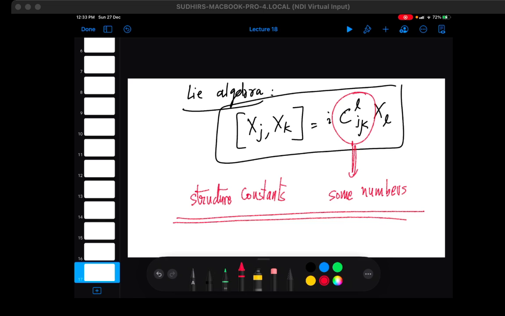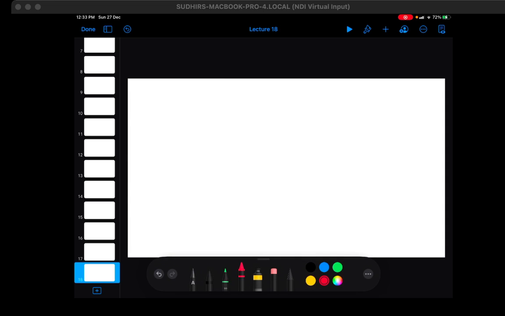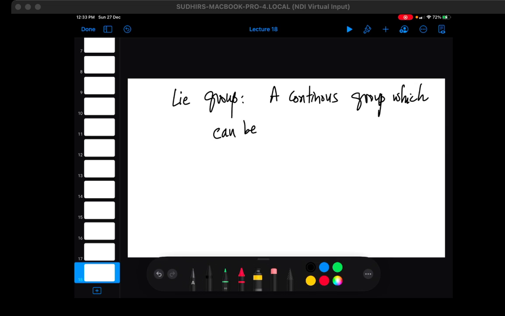Okay, so to summarize, a Lie group is a continuous group which can be expressed as e power i theta times x bar or something.